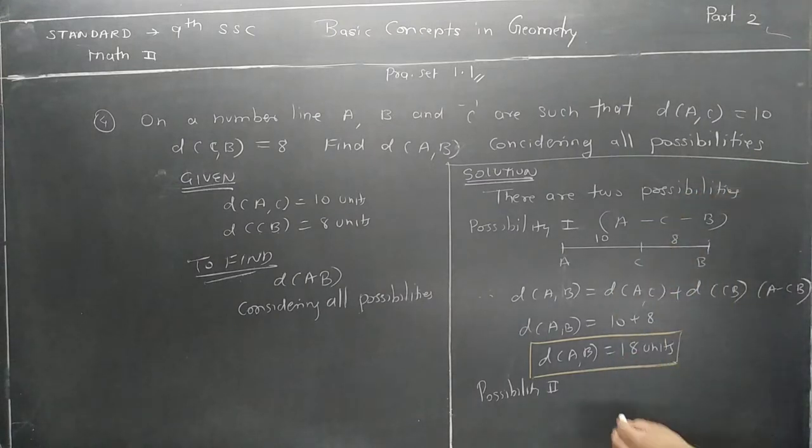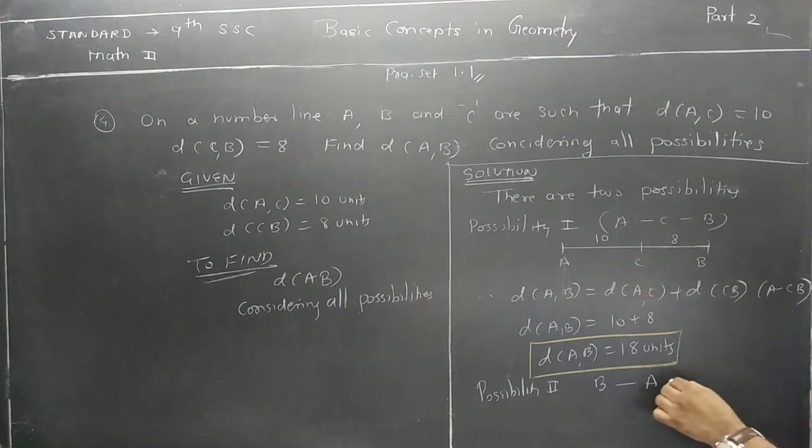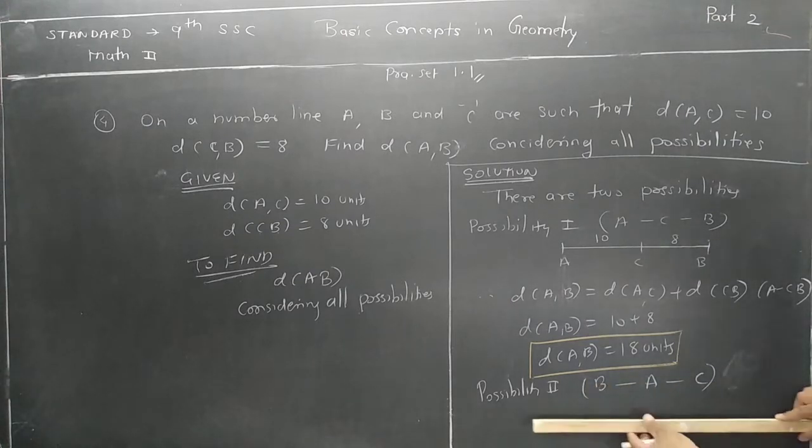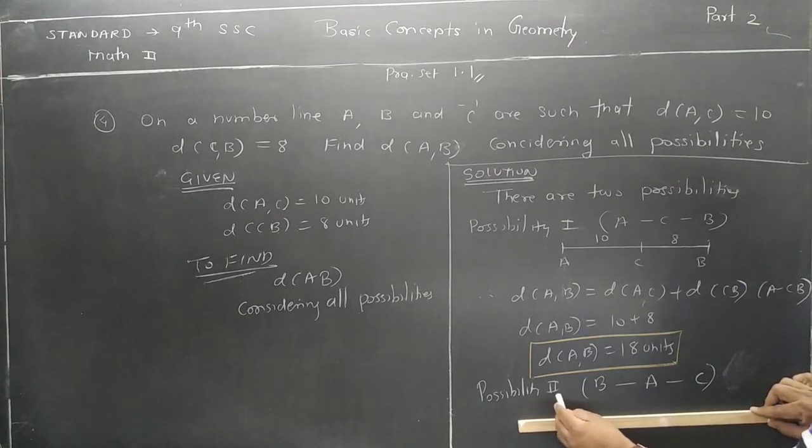Okay, so the second possibility is B is there, A is there, and C is there. So what can I say then? The second possibility is that B, A, C are collinear points. If you draw it, the figure will be like this.